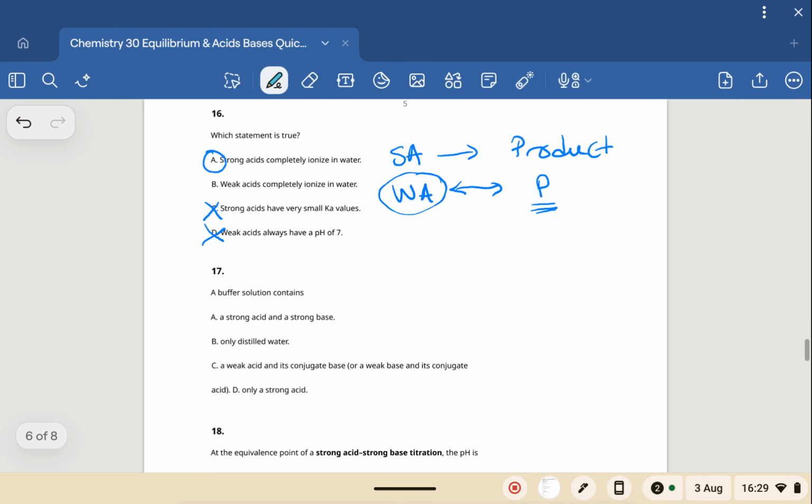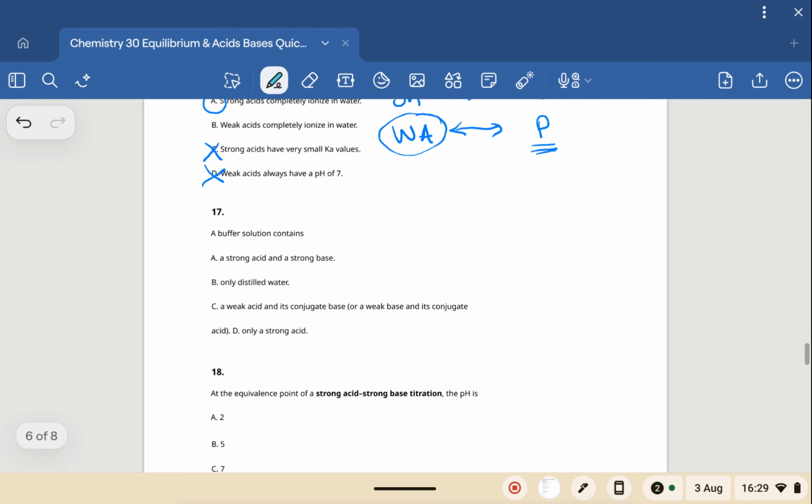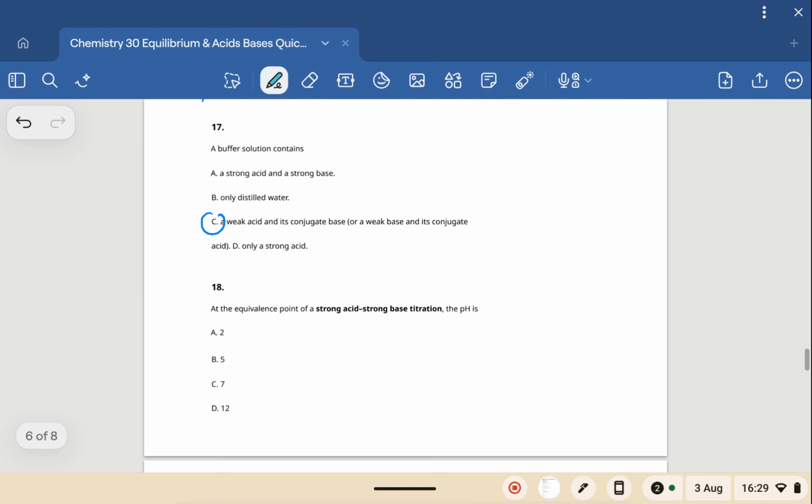Number 11, understanding the definition of buffers. They contain a weak acid and its conjugate base. So you have to have only weak acids and bases present, because if there's anything strong, you're not in equilibrium, and we need to have it to be in equilibrium to be able to be a buffer. So that's really just showing the definition.